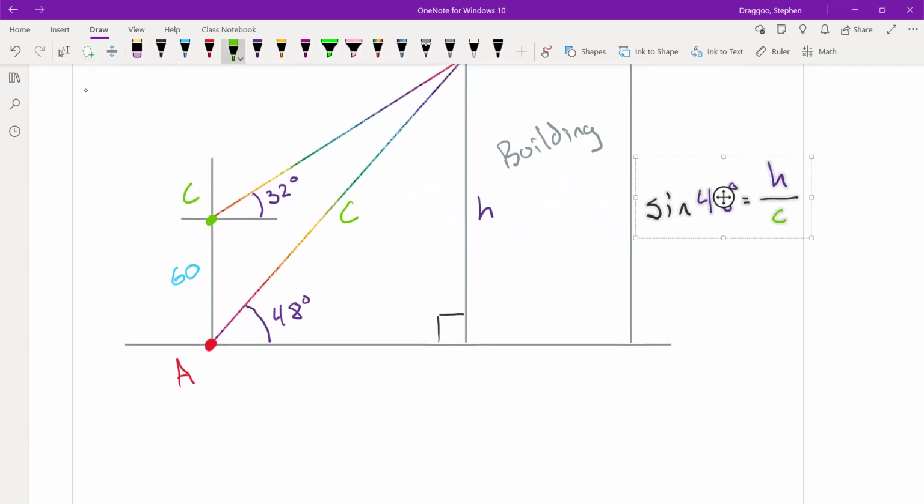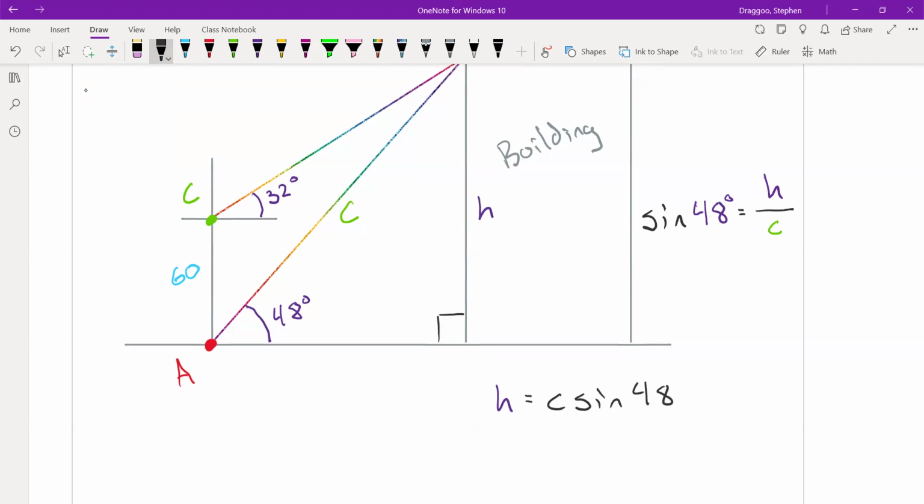So why don't we just start by trying that? Bring that down here so we can still see it. The height, the thing that we're interested in finding, h, it's equal to c times the sine of 48 degrees.